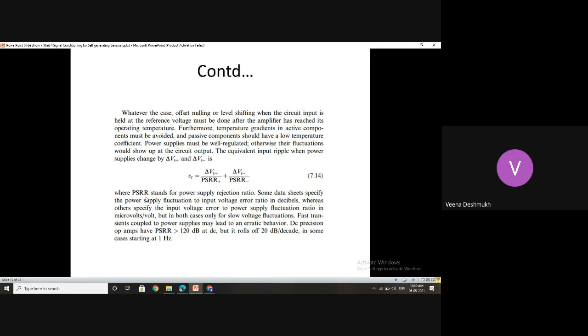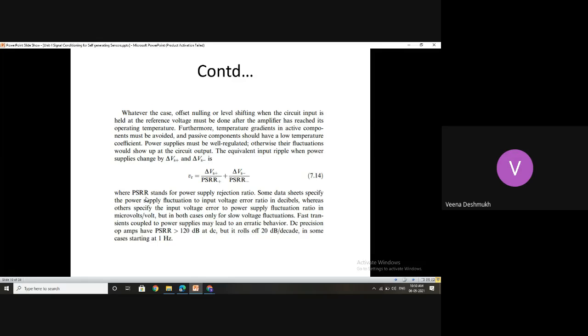And always in the data sheets, the power supply rejection ratio is mentioned and it is available to you. You can decide the op-amps with the proper power supply rejection ratio as per the requirement of your application. And this ratio is always mentioned in dBs, decibels. So it is basically any variation in the voltage, how many microvolts of output is changing for this particular variation.